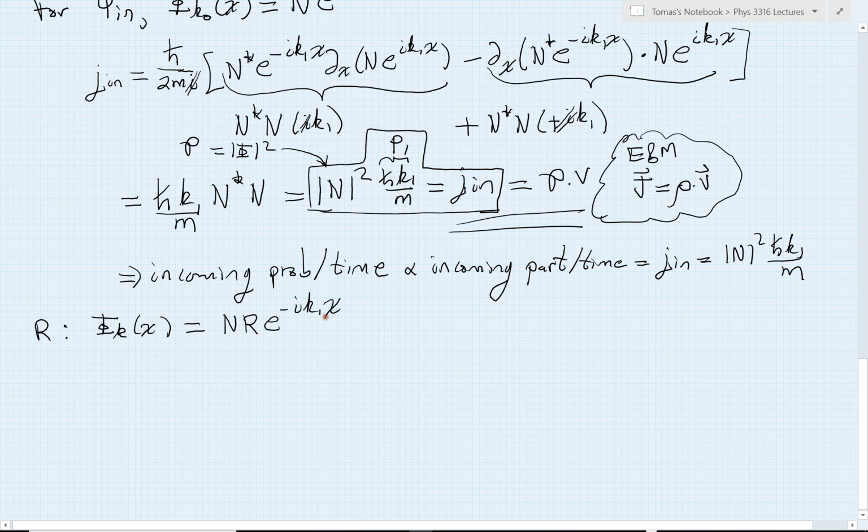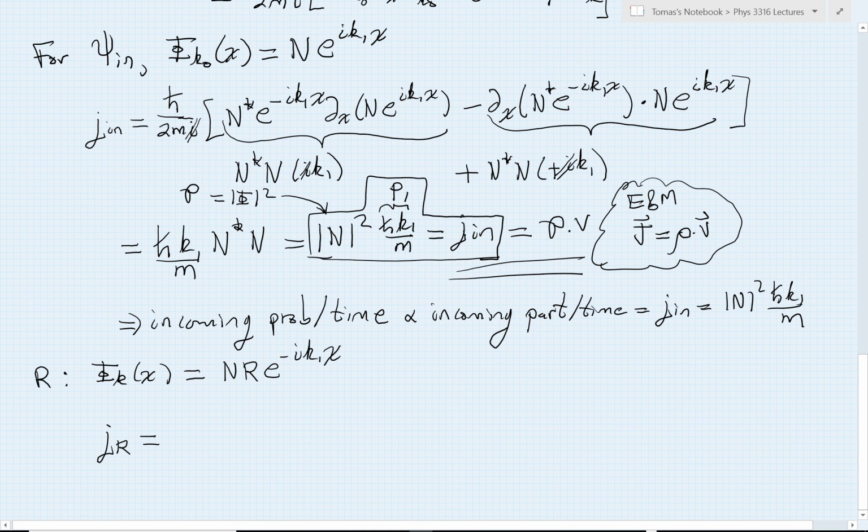So from that, I can pretty much immediately write down what the current density in the reflected beam would have to be. There are 2 ways really to think about it. I could go back to my mnemonic that it should be probability density times velocity. My probability density is the modulo squared of my wave function, so that would give me modulo n times r squared.